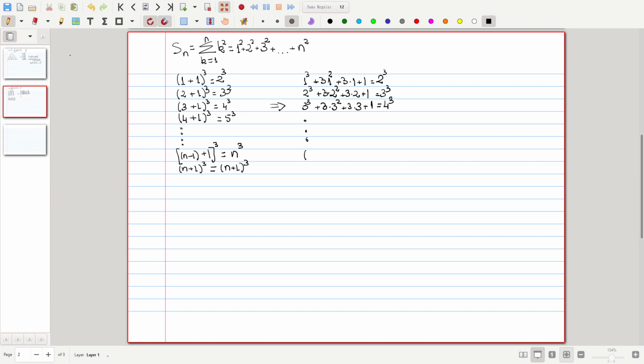Then I have (n minus 1) to the cube plus 3 multiplied by (n minus 1) squared plus 3 times (n minus 1) plus 1.